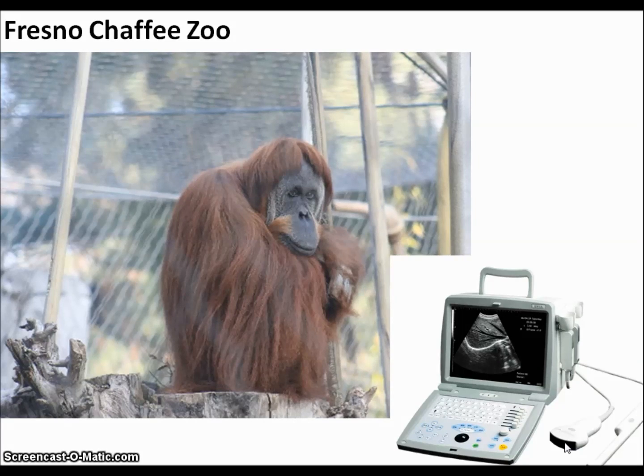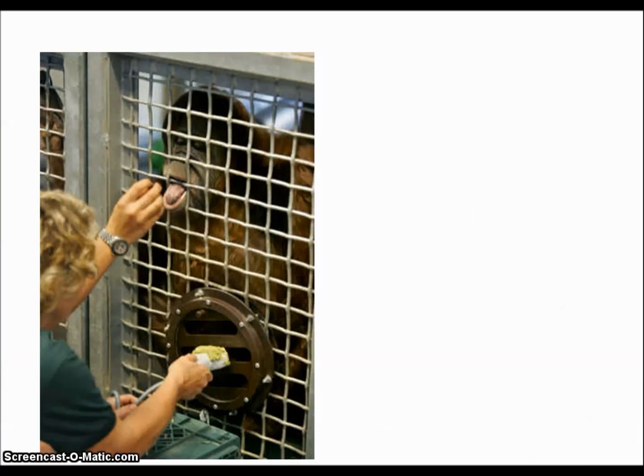So one day at lunchtime, the keepers were sitting around eating their lunch, and one of the keepers was eating guacamole. And she looked at it and thought, I wonder if this might work. So she took it over to the orangutan, rubbed it on her belly, and the orangutan was totally fine with it, and the machine worked. So here's an image of the keepers actually utilizing the machine with the guacamole on it.